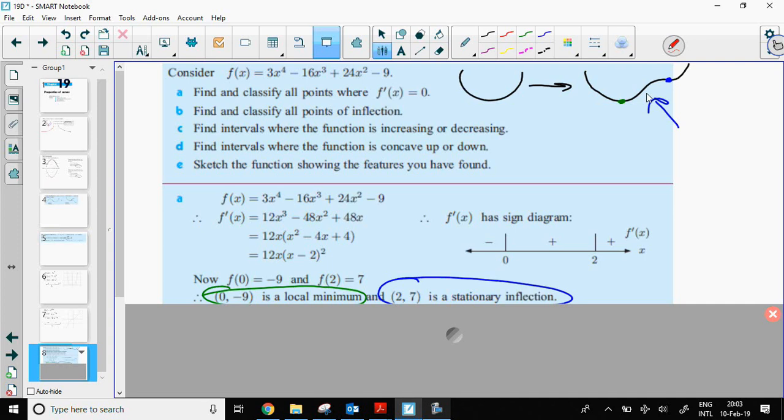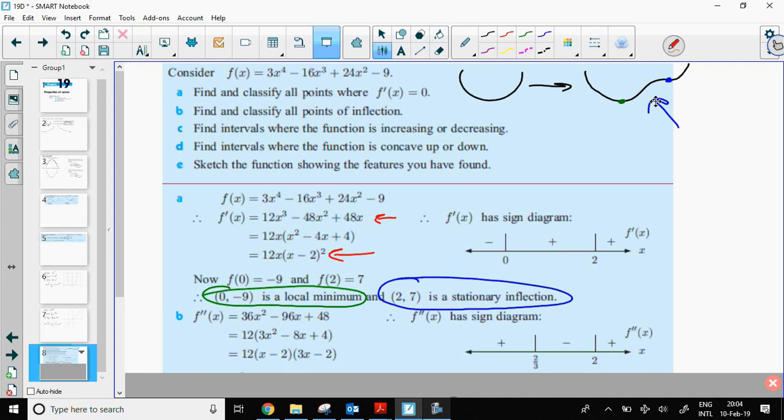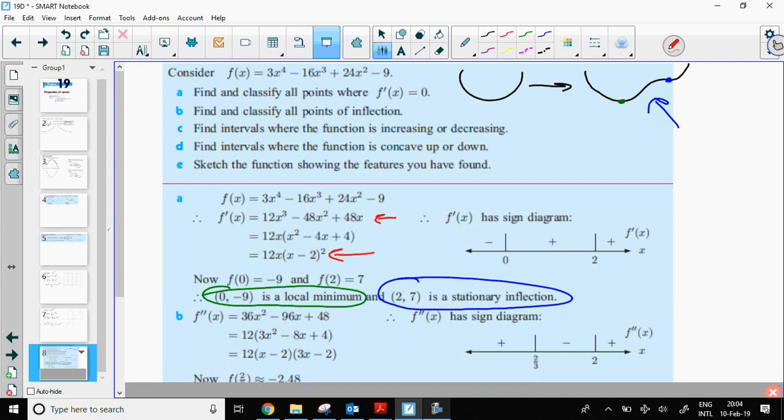So we take our first derivative, and we're going to find the second derivative from there. You could use this form of it if you want to use the product rule, but I think it's probably easiest just to use the original first derivative we found, since that's still a polynomial. Calculate the second derivative, set that equal to 0, work out what the zeros are, and make a sign diagram.